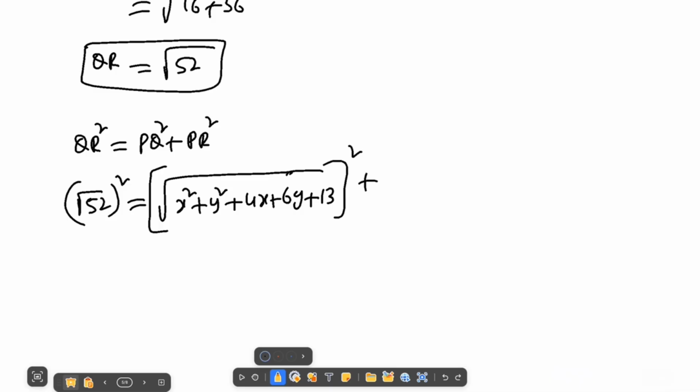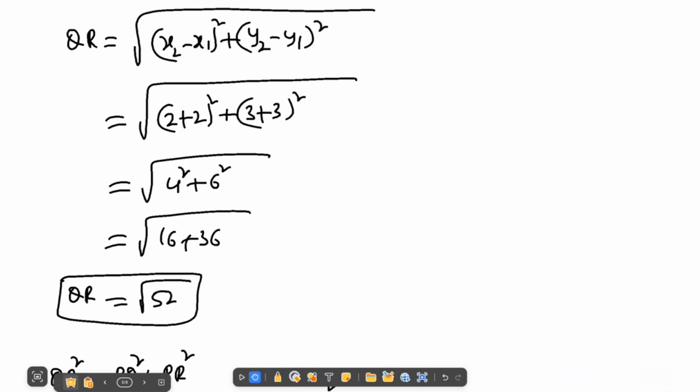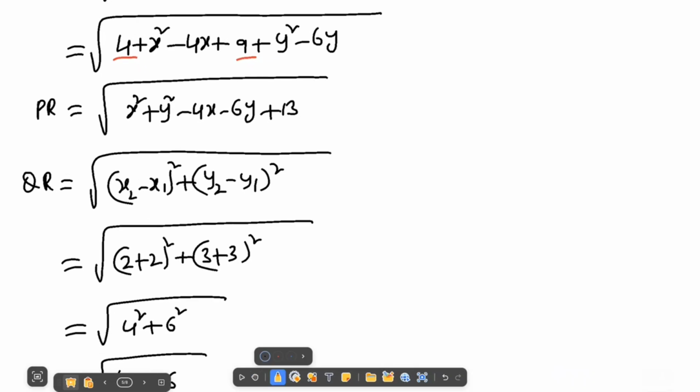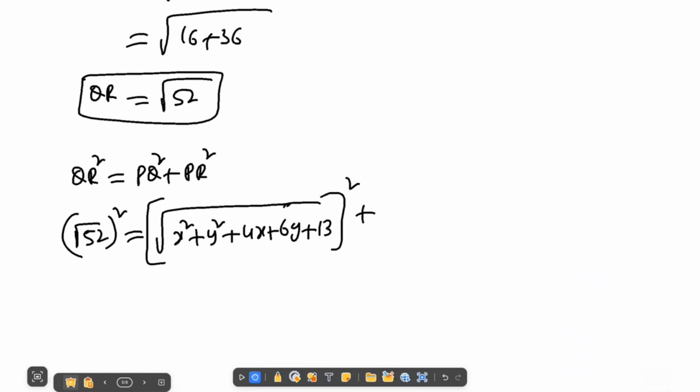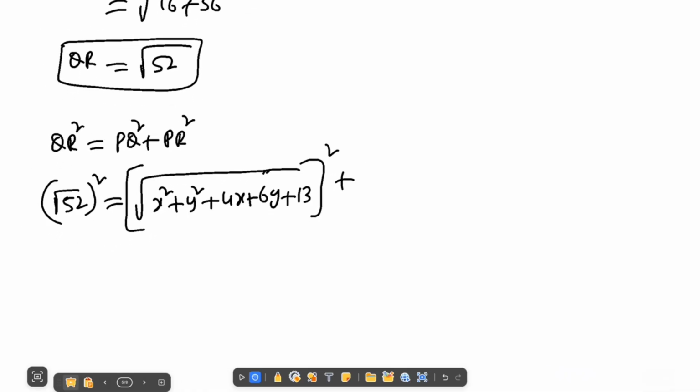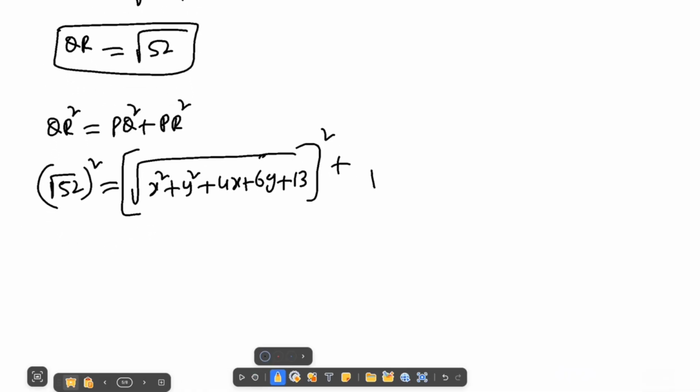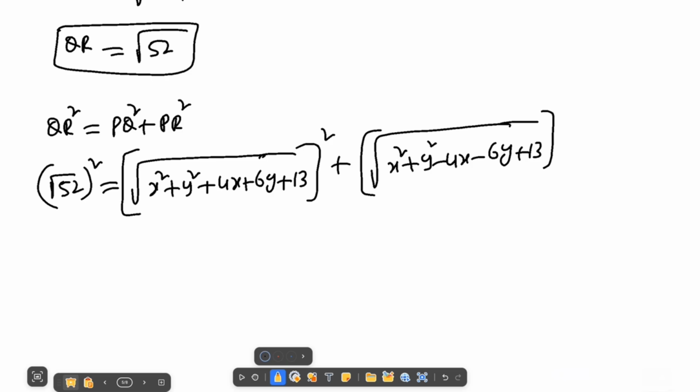Next, what is PR? Let's check PR. This is under root of x square plus y square minus 4x minus 6y plus 13, whole square.